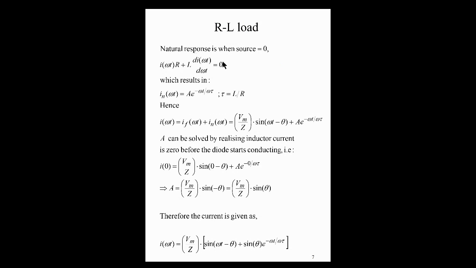So now we set the input equal to 0, and then we attempt to solve this first order differential equation. We can let a solution for the natural response be some constant A multiplied by e to the minus omega t over omega tau, where tau here is just the time constant given by the inductance over the resistance.